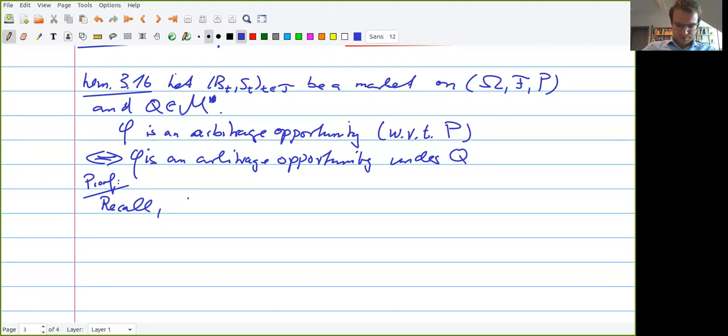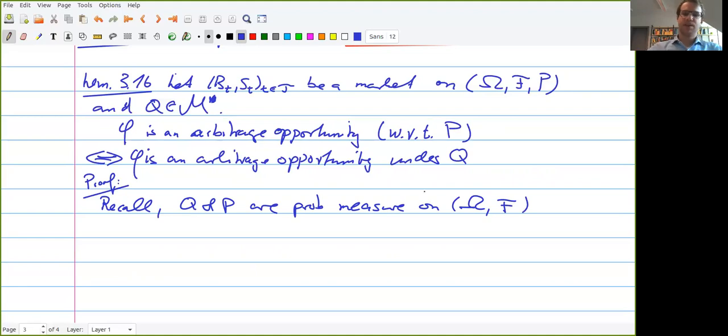So Q, P are probability measures on our measure space omega. Now Q and P are equivalent.